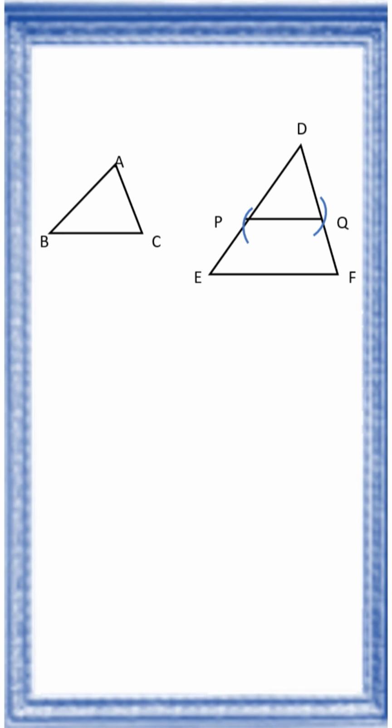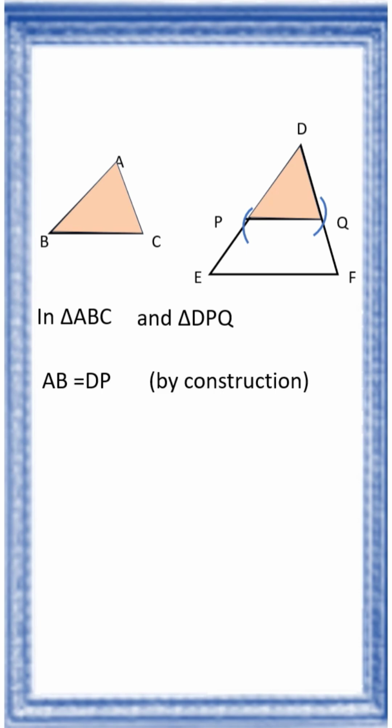So in triangle ABC and triangle DPQ, which sides are equal? AB is equal to DP by construction. AC is equal to DQ by construction. BC is equal to PQ. Why?